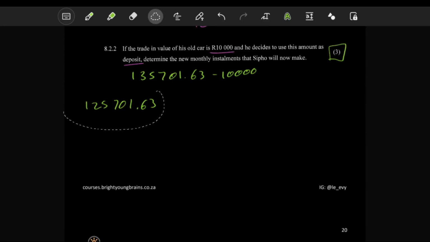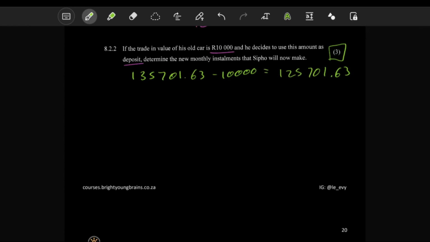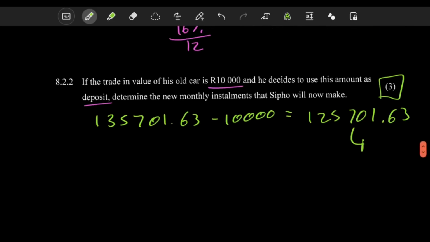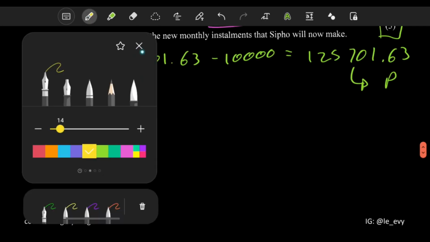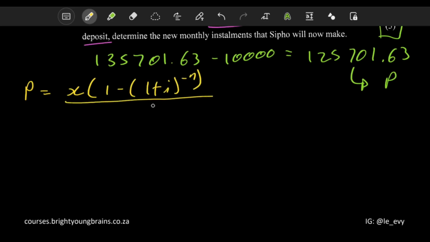So here, this is the loan amount for the car. Yes, we need to work out what the new monthly installments would be. We said this is going to be a value of p, right? But if you're going to work out monthly installments, remember I always say isolate the value of x. This is what our p formula looks like, but we need to isolate x.